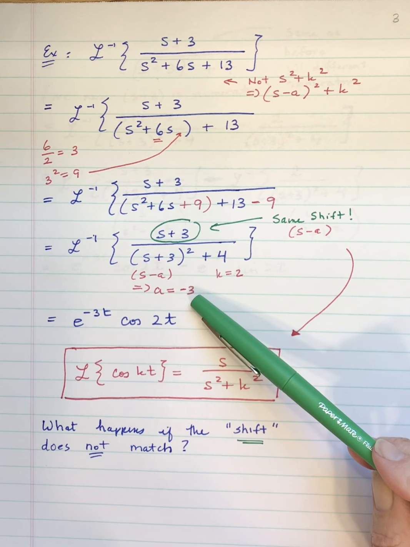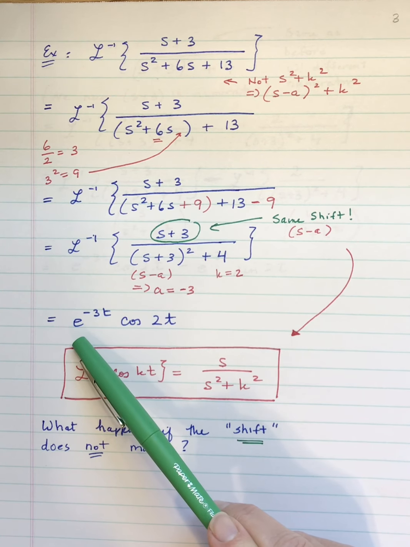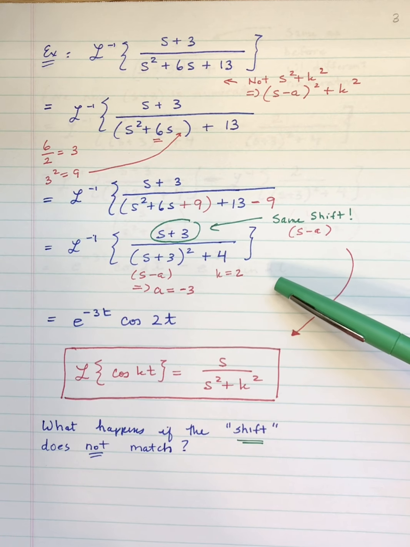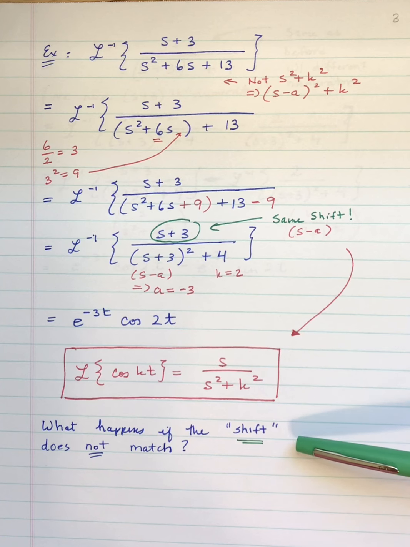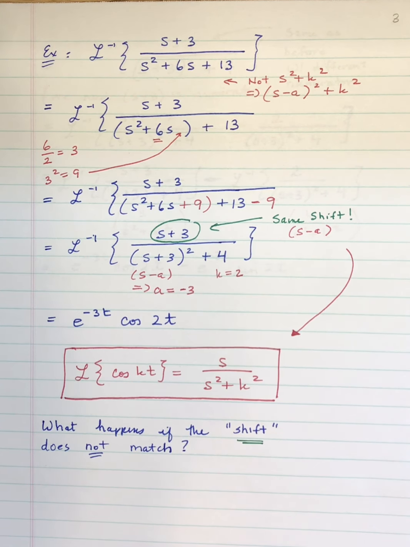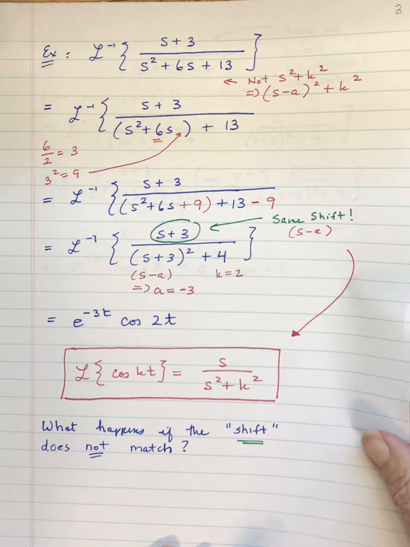We've shifted by negative 3, so we have to multiply by e to the minus 3t. And if you look at the table of Laplace transforms, you'll see those formulas in the second column of that table. So what happens if that shift in the numerator doesn't match? So we'll take a look at one of those.